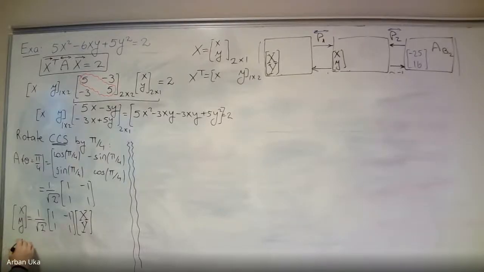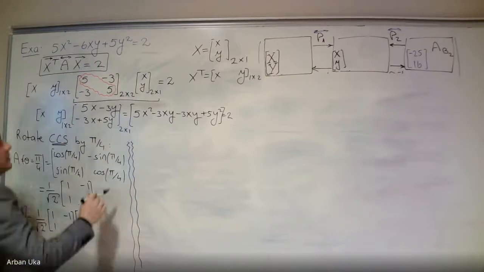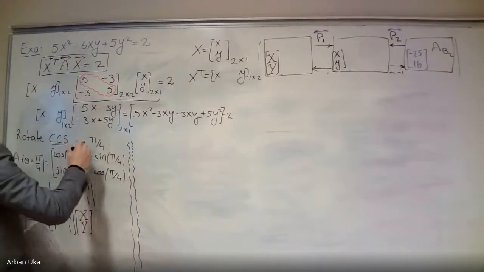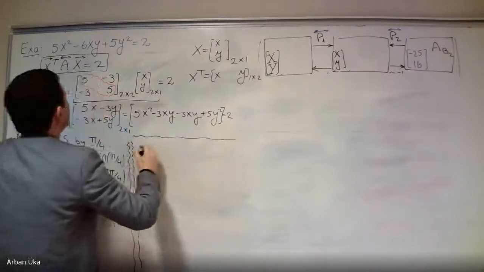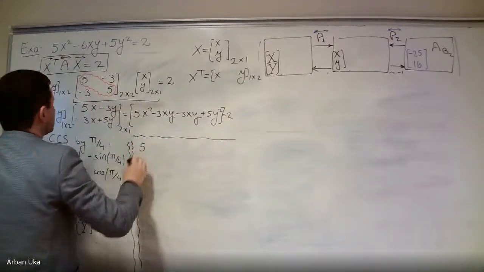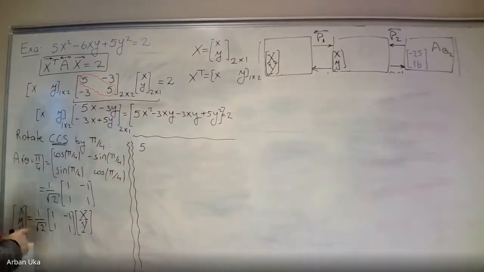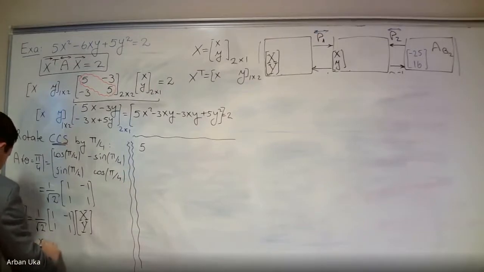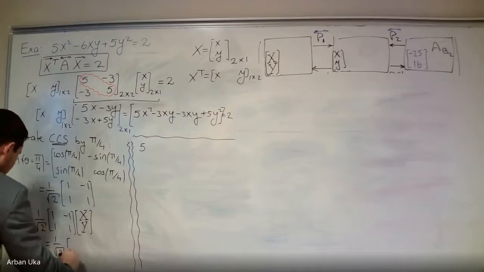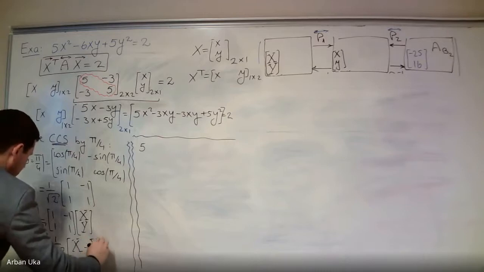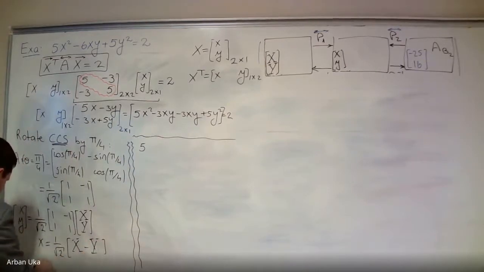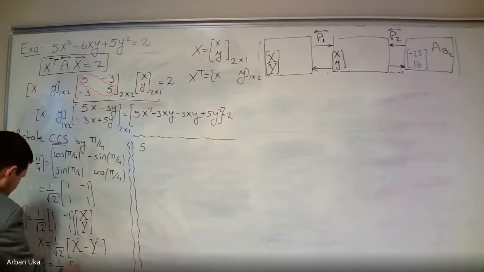So here x is going to be equal to 1 over square root 2 times capital X minus capital Y. And the little y is equal to 1 over square root of 2 times capital X plus capital Y.